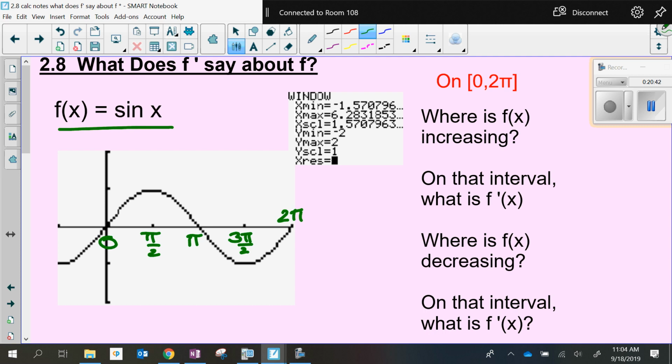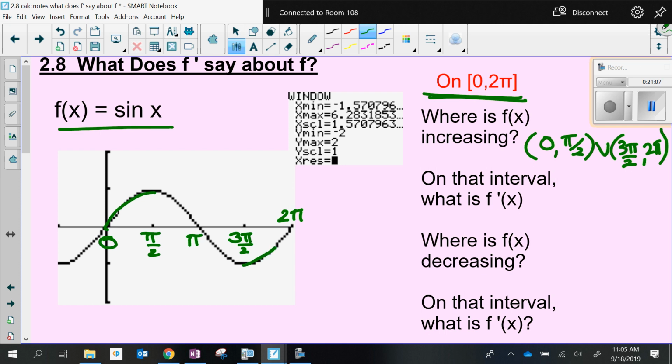Where is this function increasing, Cora? We're just looking from 0 to 2 pi. All right, very good. Any discussion on that? Increasing here to here and here to here. Where's F decreasing then, Sarah Smith?